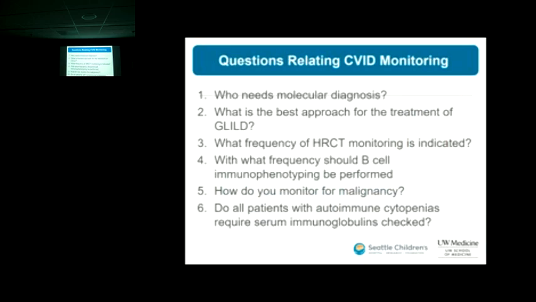And like with XLA, there are many questions that are related to CVID monitoring that haven't been clarified, and there's not a standard approach to these patients. So again, who needs molecular diagnosis? What is the best approach for the management of the granulomatous lymphocytic interstitial lung disease?